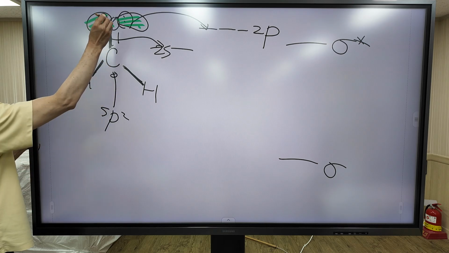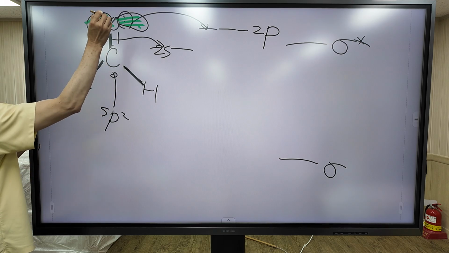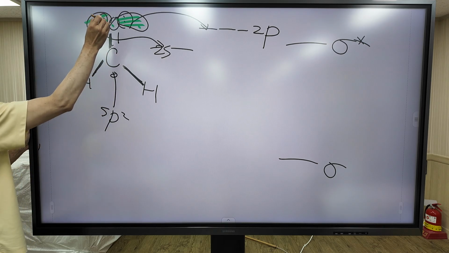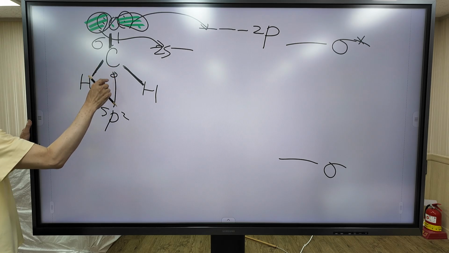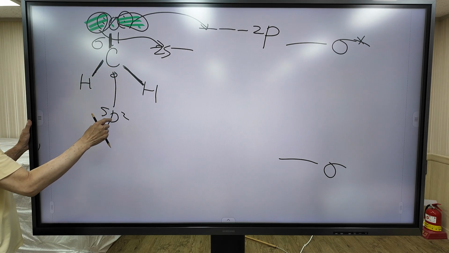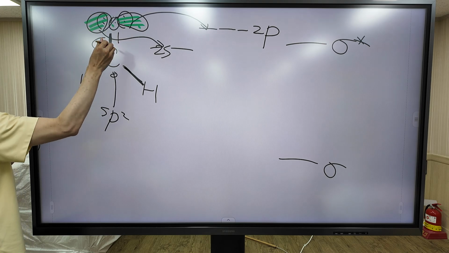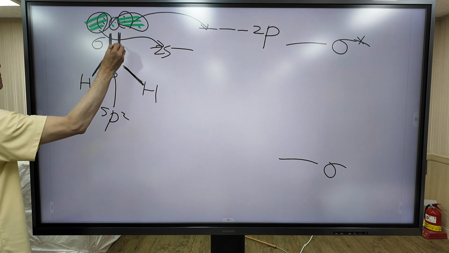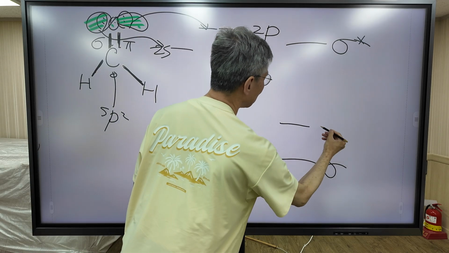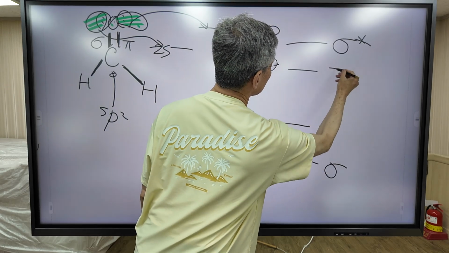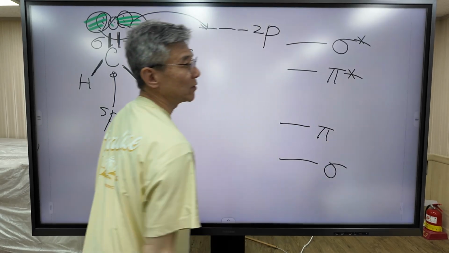And the oxygen atom has a p orbital which is perpendicular to this plane. And carbon also has a p orbital which is not used in the construction of sp2 orbital. These 2 p orbitals form a pi bond. This is pi bonding orbital, pi anti-bonding orbital.